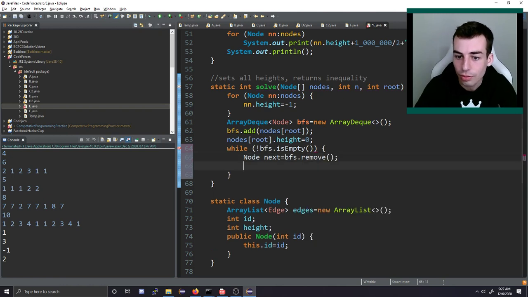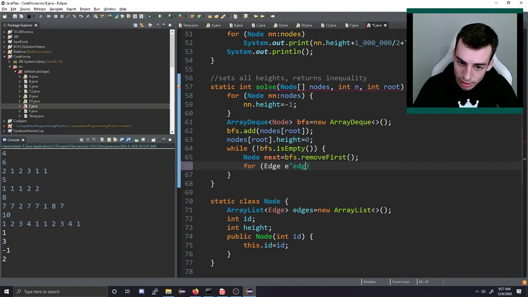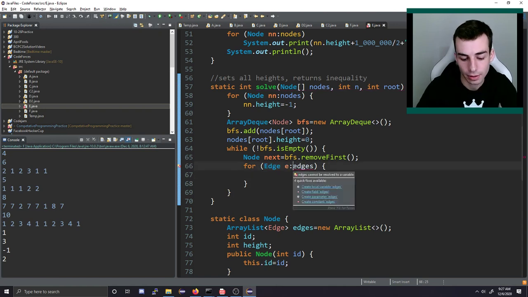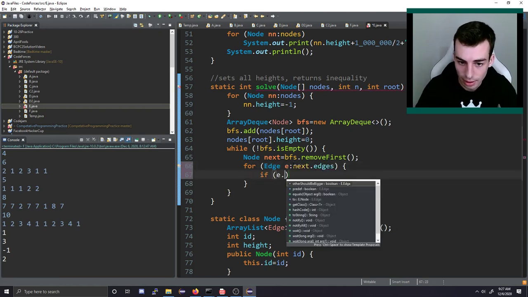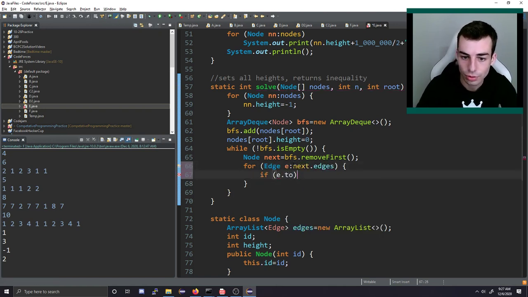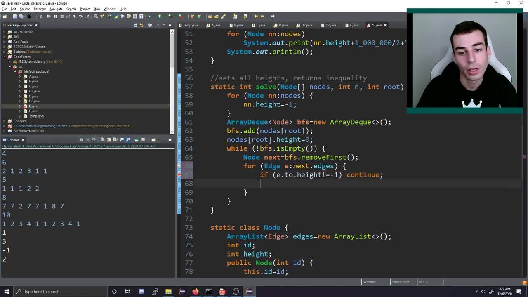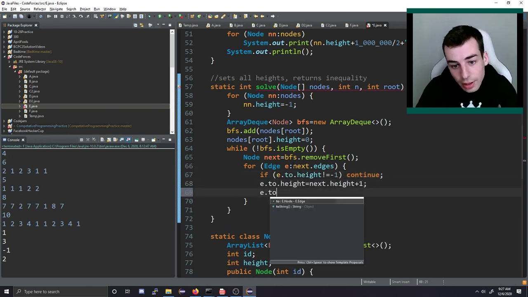BFS dot remove first. Edge E in edges. Next dot edges. E dot 2 dot height equals -1. E dot 2 dot height equals next dot height plus 1. E dot 2.